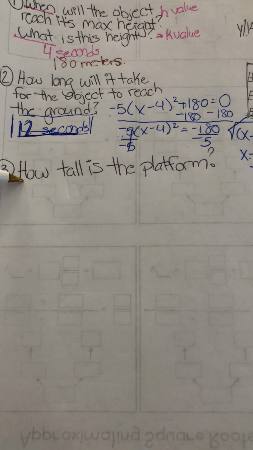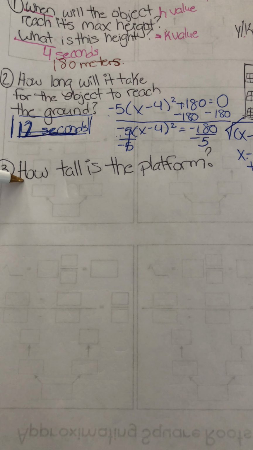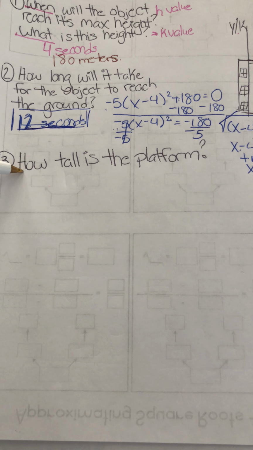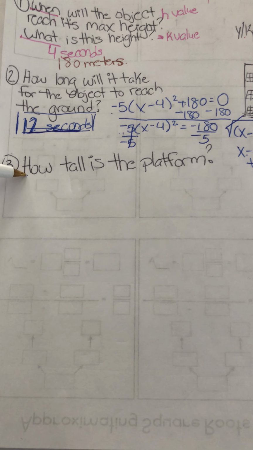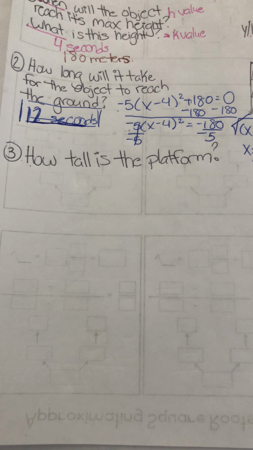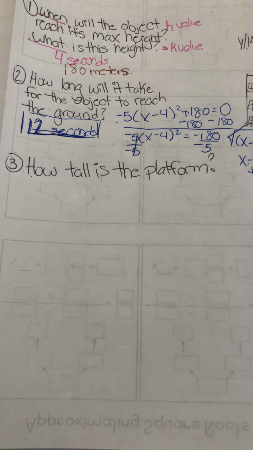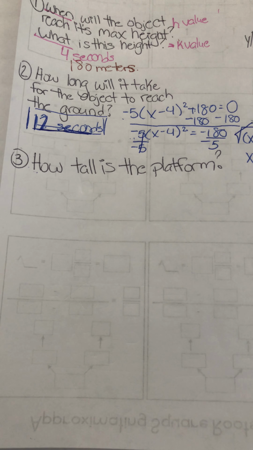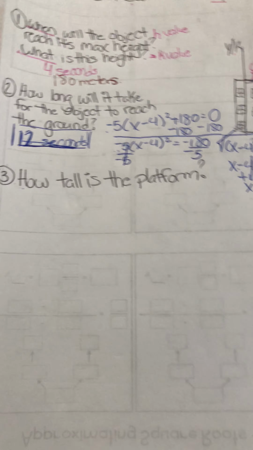How tall is the platform? To find that, we basically need to find at what height the ball is thrown after 0 seconds. Okay, so at 0 seconds, where is the ball located? This is where functions come in.